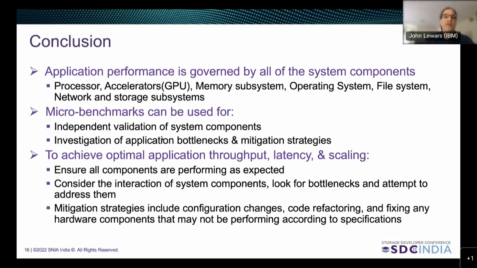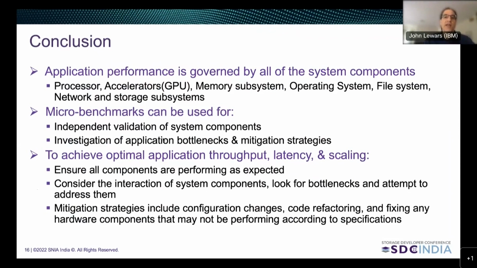You can use micro benchmarks to validate the overall health of your system and make sure that components are performing as expected, and continue to do that throughout the work that you're doing on the application, because things can change over time. You can also use these micro benchmarks to simulate what's going on in your application.